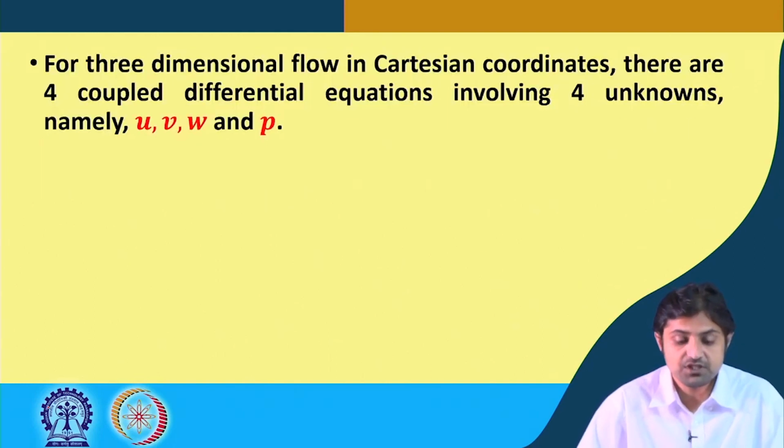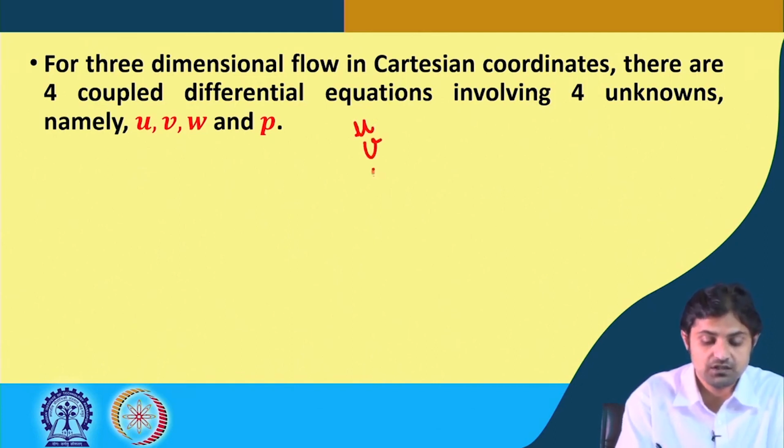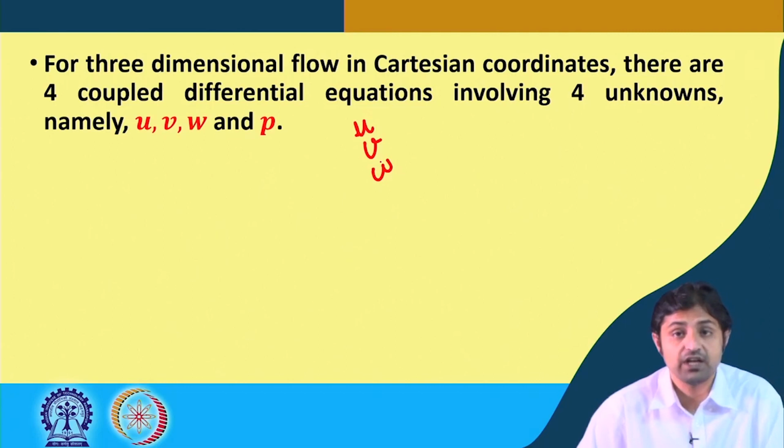So for 3-dimensional flow in Cartesian coordinates, there are 4 coupled differential equations involving 4 unknowns. So if there is a flow which is occurring in 3 dimensions, there are 4 different equations which involve 4 unknowns. One of the unknowns will be the velocity in the u direction, the other is going to be the velocity in the v direction, and the third one is going to be the velocity in the w direction.